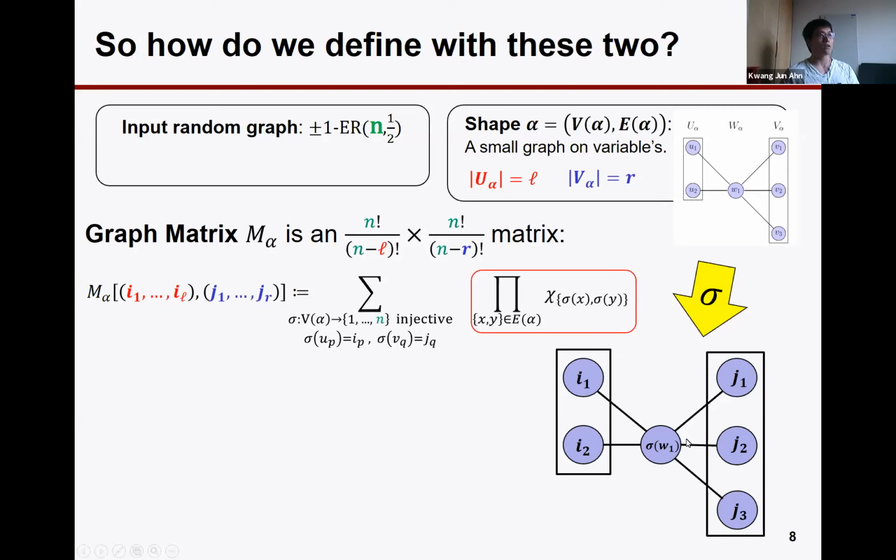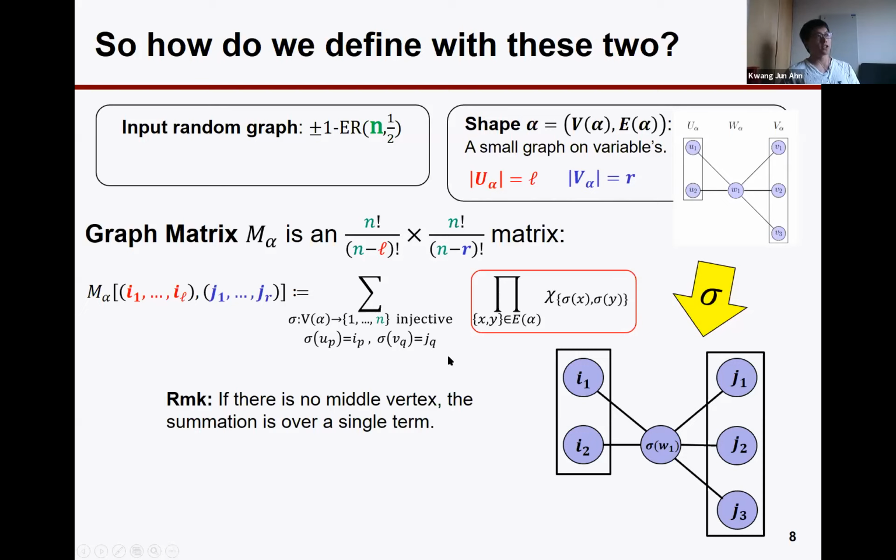The undetermined part will be just the middle vertices; let's call them sigma w1. Since they're now indices, these edges correspond to the edge variables that we defined for the input random graph. So we just take the product of all these edge variables from the input random graph, and that will be the summand. That's how I break it down.